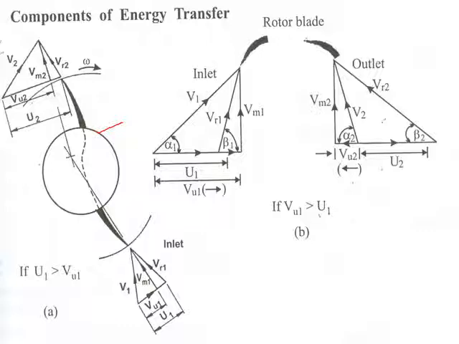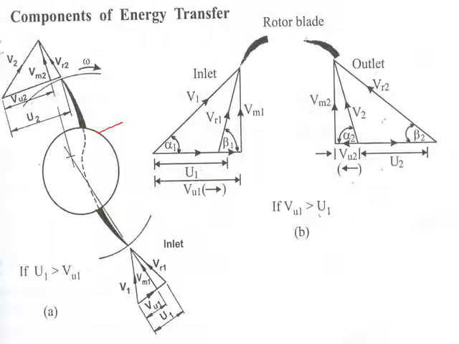One indicates the inlet of the fluid, and 2 represents the exit of the fluid from the rotor. Because of this fluid inlet, the rotor rotates at the angular velocity of omega.